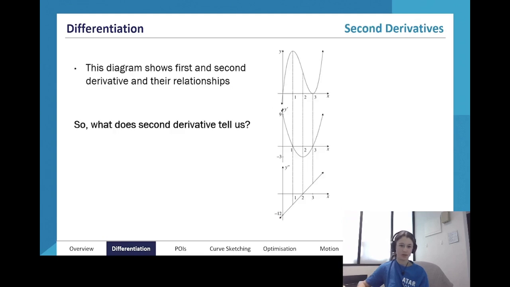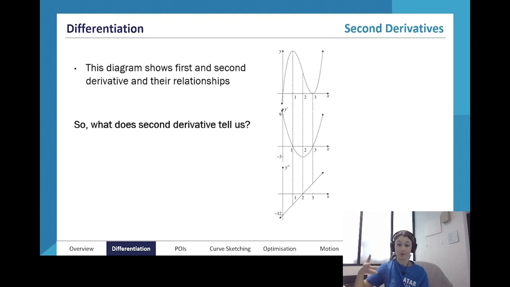So now we're getting into how we can use the second derivative to know things about our original curve. And again, don't worry if some of this is going over your head a little bit. We'll go over some examples in a second, which might help you understand.